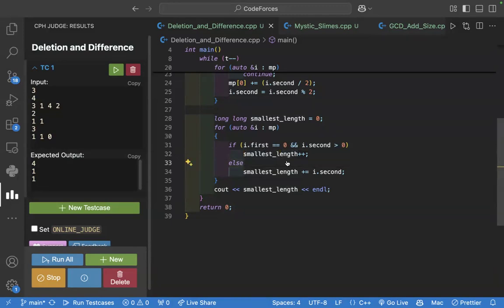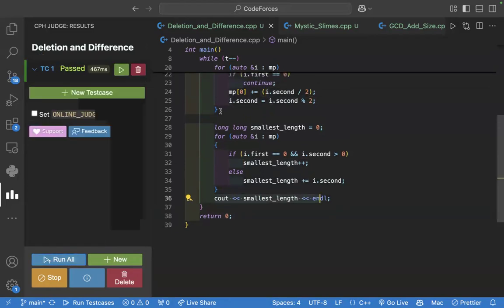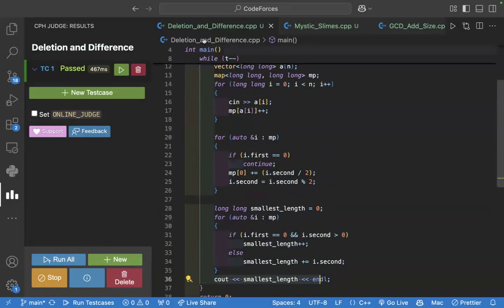Else, if it's not a 0, then whatever is left over from i.second mod 2 gets added. So if it's a 0, it's a 0. If it's a 1, it's a 1. Either this value is 0 or 1 only, because I've done a mod 2 over here. Now I print the smallest length outside. This works for all cases over here, and of course it gets you accepted on the platform.